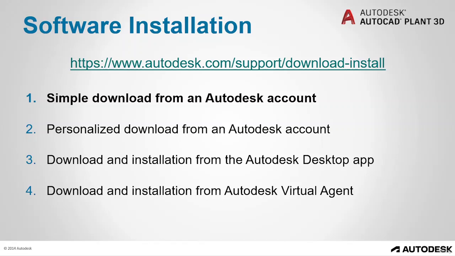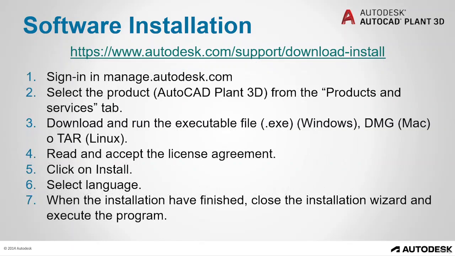If you have other Autodesk software on your computer, it's likely that you already have the Autodesk desktop app, so you can download AutoCAD Plant 3D through the app and do not have to go through the website and all what I'm going to explain here. And the other thing you can do is download and install from Autodesk Virtual Agent.